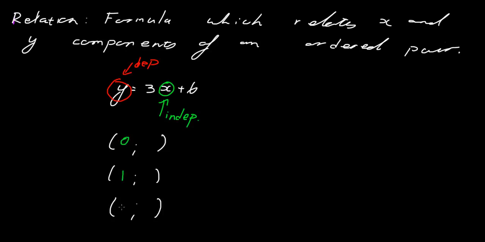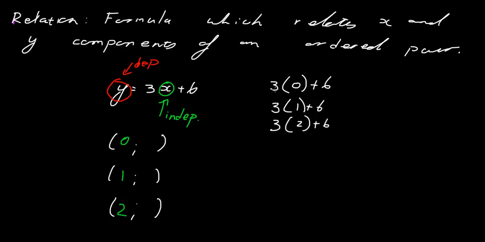If we plug in these values for x, we get 3 times 0 plus 6. For the second ordered pair, we get 3 times 1 plus 6. And for the third, we get 3 times 2 plus 6. These generate the dependent variables.